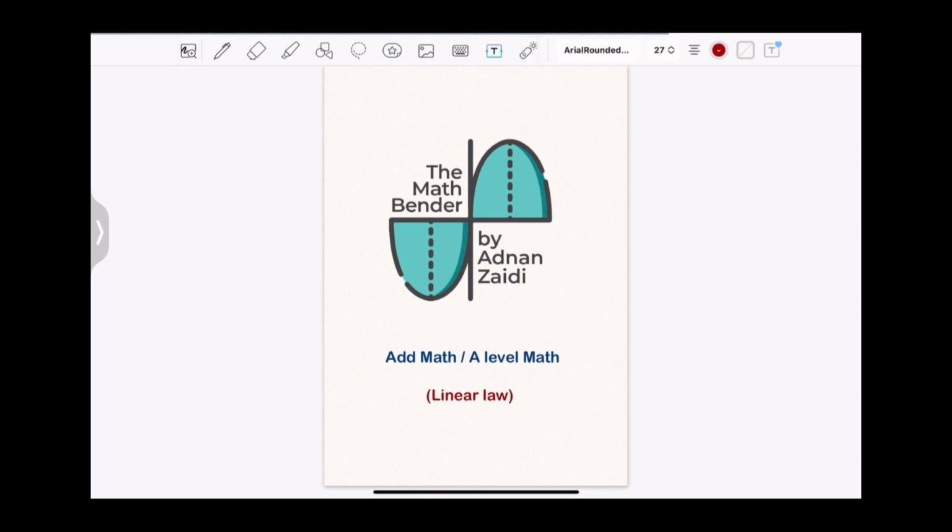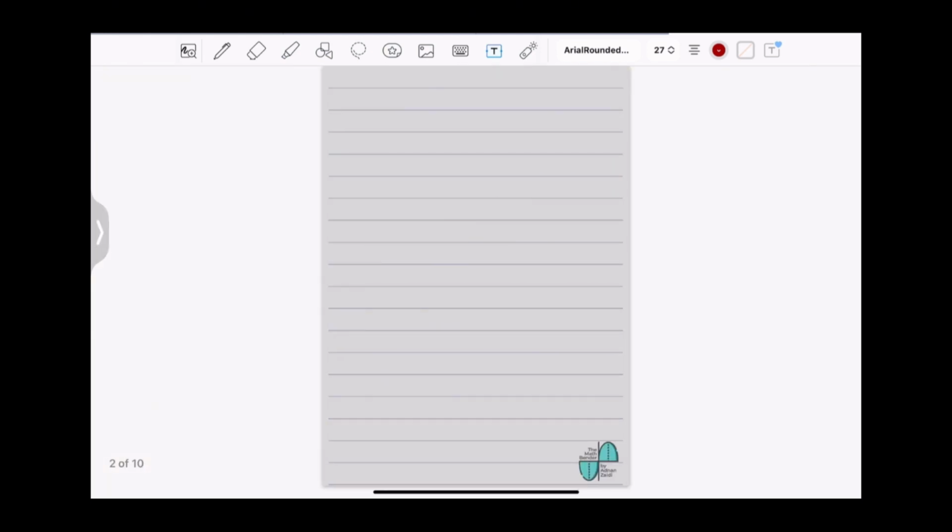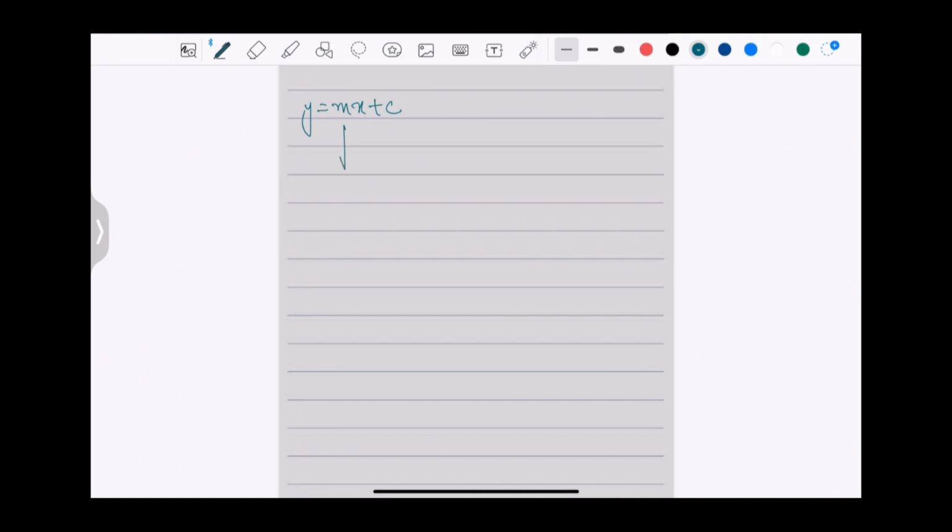Let's start. Before starting off, we need to have a few basic knowledge of how a linear equation is. We know that y equals mx plus c represents a straight line, where m is the gradient and c is the y-intercept.